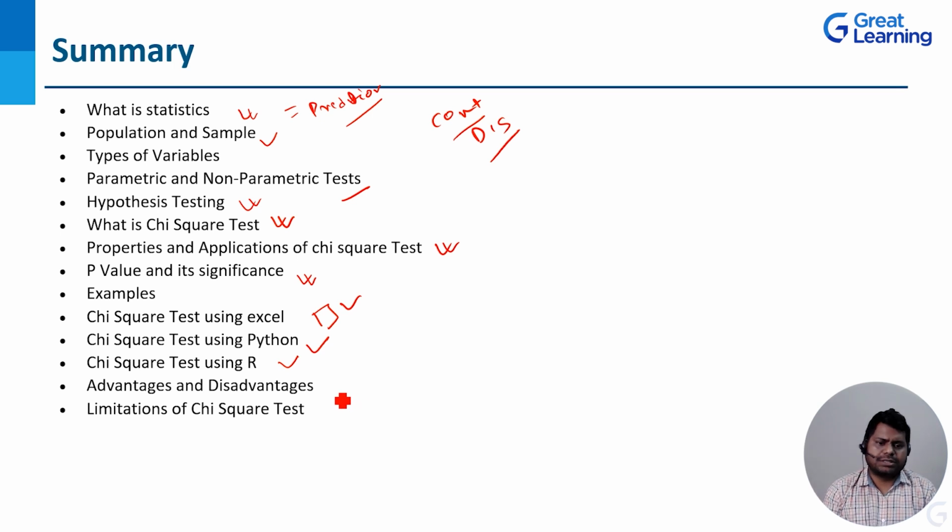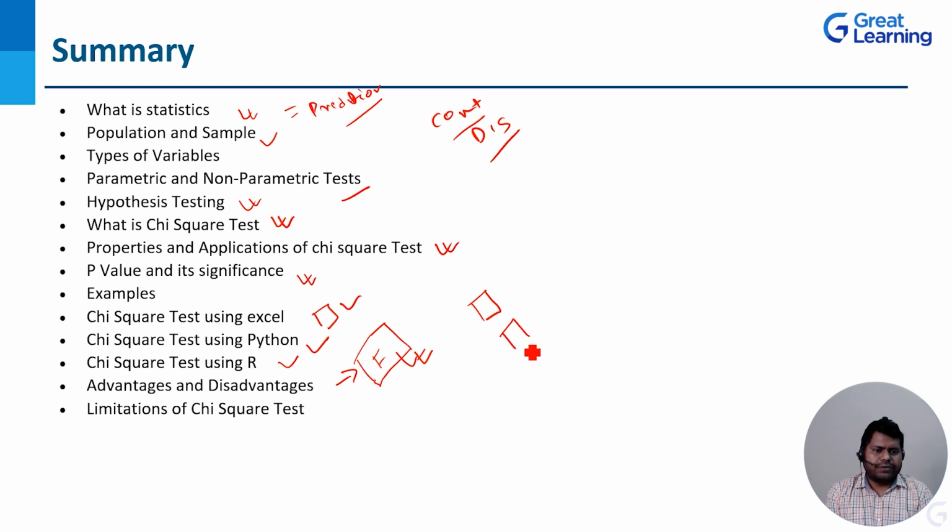We also discussed some of the advantages and disadvantages of the chi-square test, like the minimum frequency that needs to be there, and the total sample size that needs to be 50 or more than 50. So these are some of the disadvantages which we discussed, and we also discussed some of the advantages, that with the help of it we can identify whether there is any relation between two variables or not, or how well it can fit.